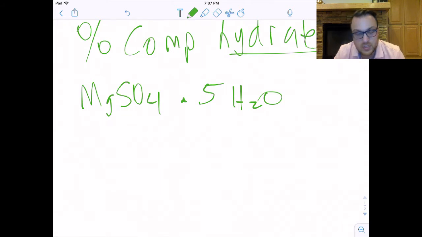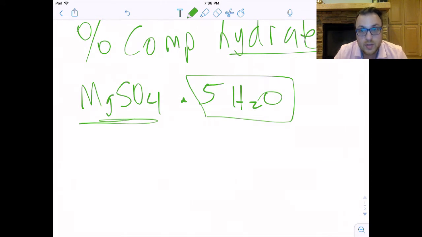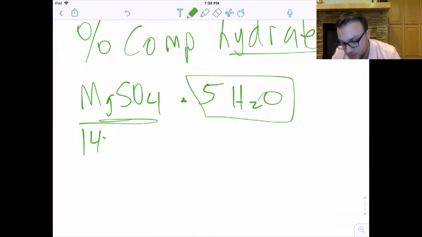If you need to find the percent composition of, let's say, the water in this compound, you also need to make sure you include the MgSO4. So MgSO4 should have a weight of 148 grams per mole.